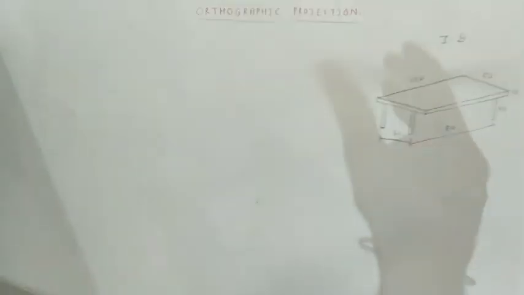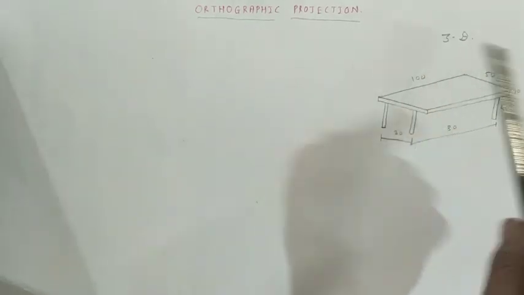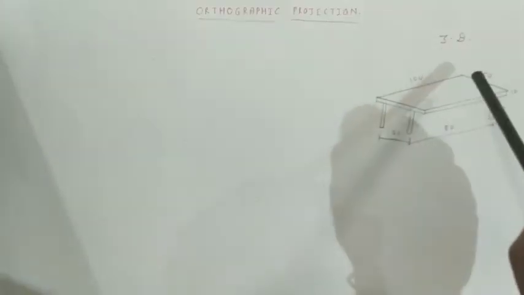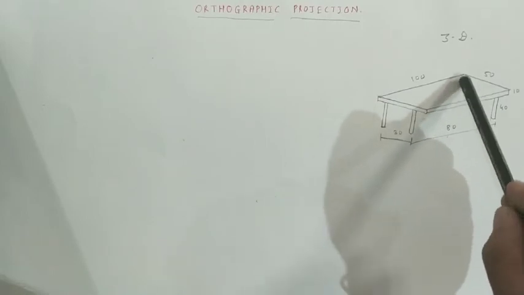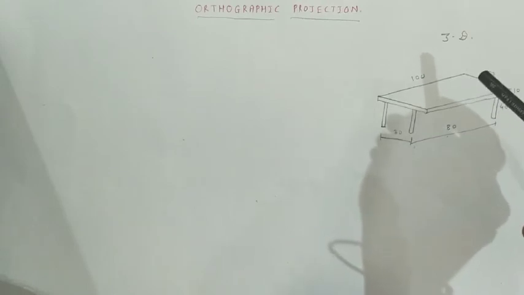Okay, the first information which this drawing is not giving you is the number of legs. If you observe this drawing carefully, it has only 3 legs. It shows only 3 legs. However, the fourth leg is here, but even if I try to show it, it's invisible.